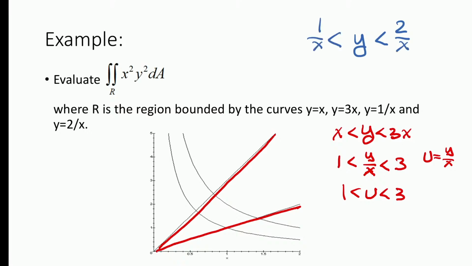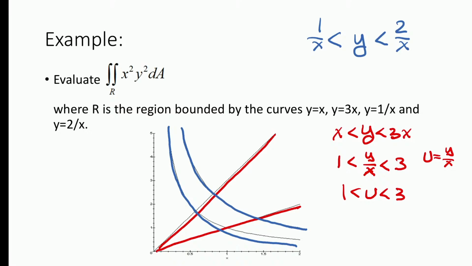Here is y equals 2 over x, that curve, and y equals 1 over x. Okay, close enough, it's the best I can do. So y is between those two. If you just focus on those two hyperbolae, then y is between those.